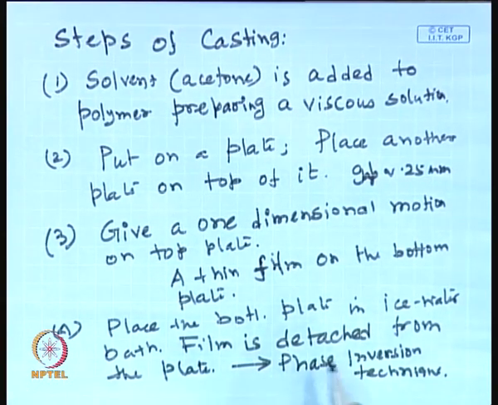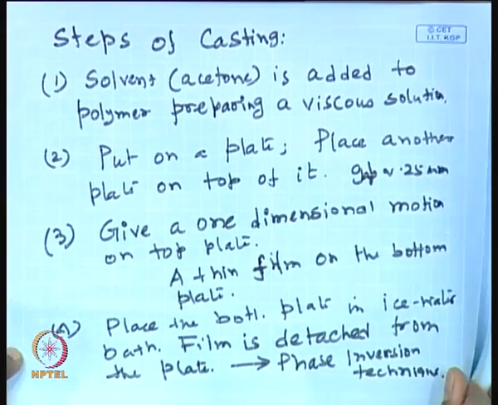Because the phase is just inverse. Initially, we started with a liquid viscous phase, and then when we place it in water, it becomes solidified. The phase changes from liquid to solid, and the film gets separated from the plate, and that film is basically a membrane film. Now, there are some more steps.